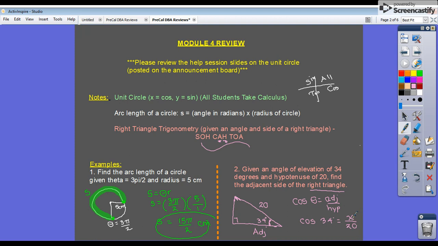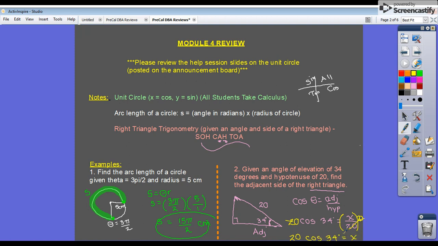So from here, x is being divided by 20. To get rid of that divided by 20, I'm just going to multiply 20 on both sides. So from there, I have 20 times cosine of 34 degrees equals x.